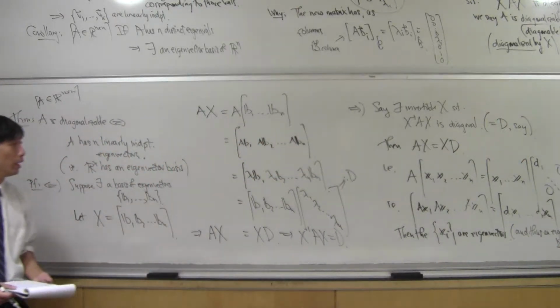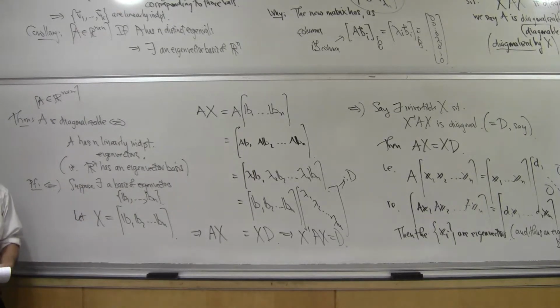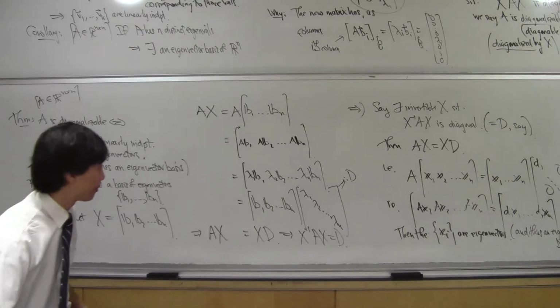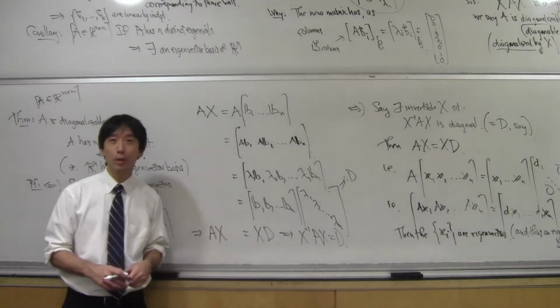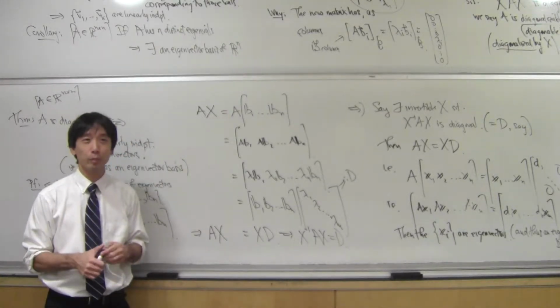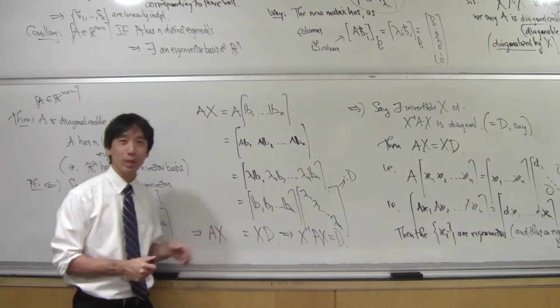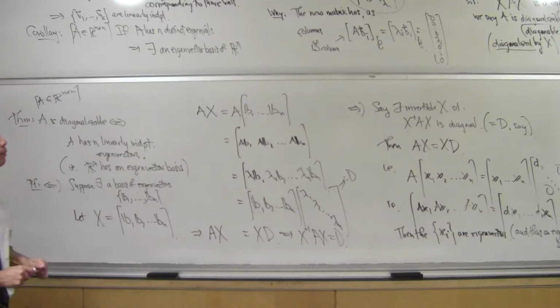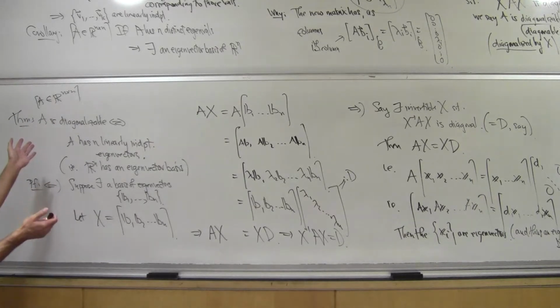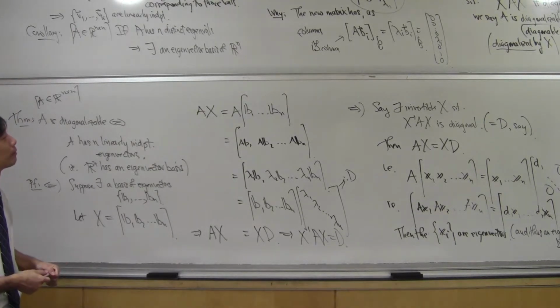So being diagonalizable is equivalent to having an eigenvector basis. If you understood what we were doing in chapter 4, then this is no surprise to you. But this is an easier way of thinking about it. If you like this way, even if you don't remember chapter 4, you can still understand it.